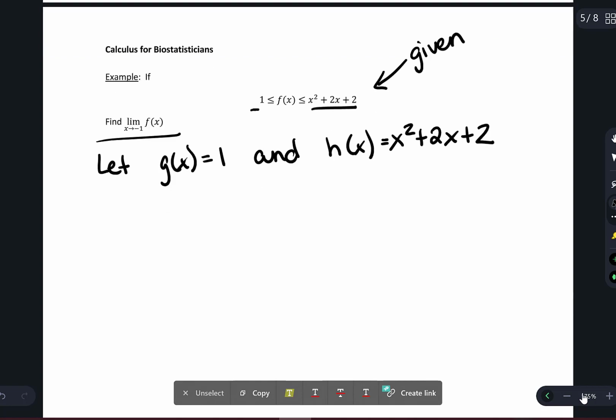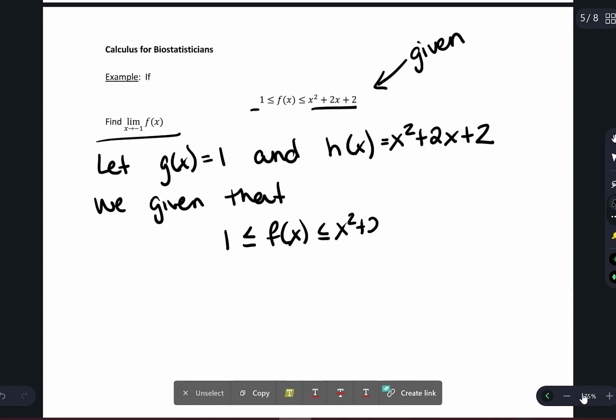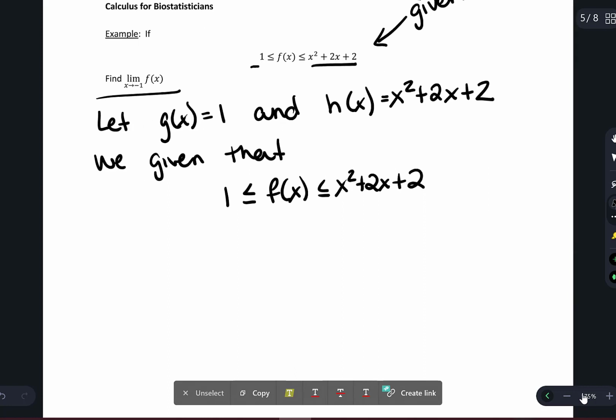And then further notice we are given that 1 is less than or equal to f of x is less than or equal to x squared plus 2x plus 2. But I'm going to let g of x be equal to 1, so I know that g of x is less than or equal to f of x is less than or equal to h of x.